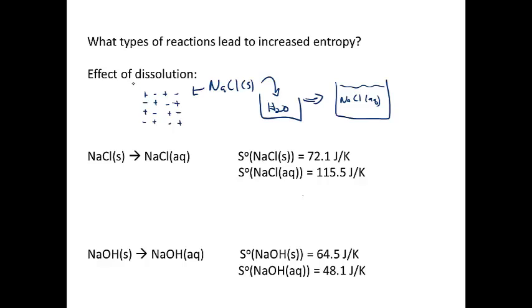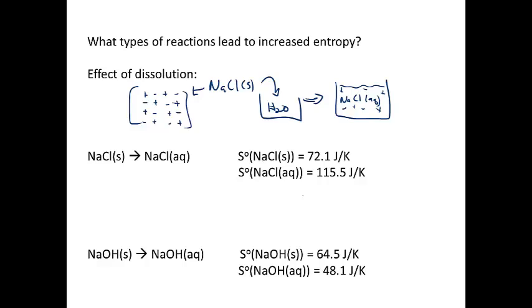When it goes into the solution, they're all spread out, because all the ions can float around completely randomly. And so you're taking the salt and spreading it out and allowing all those ions to go their own way. So from that point of view, it seems like the entropy should increase.